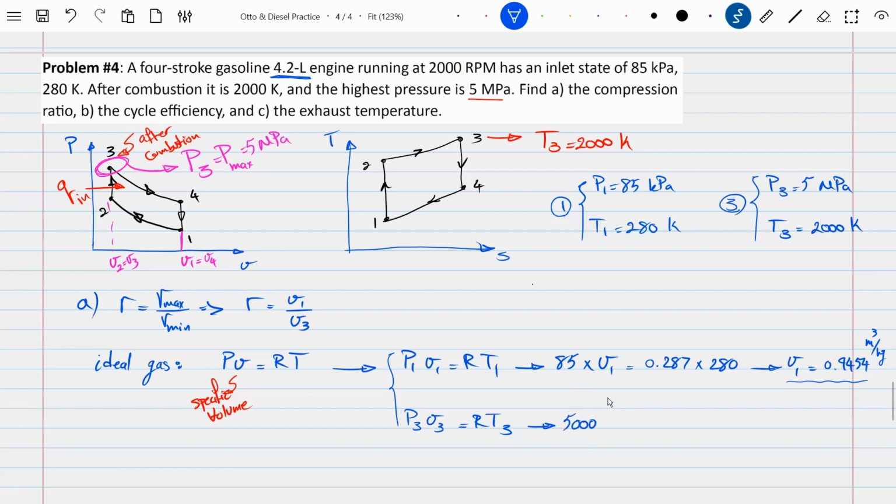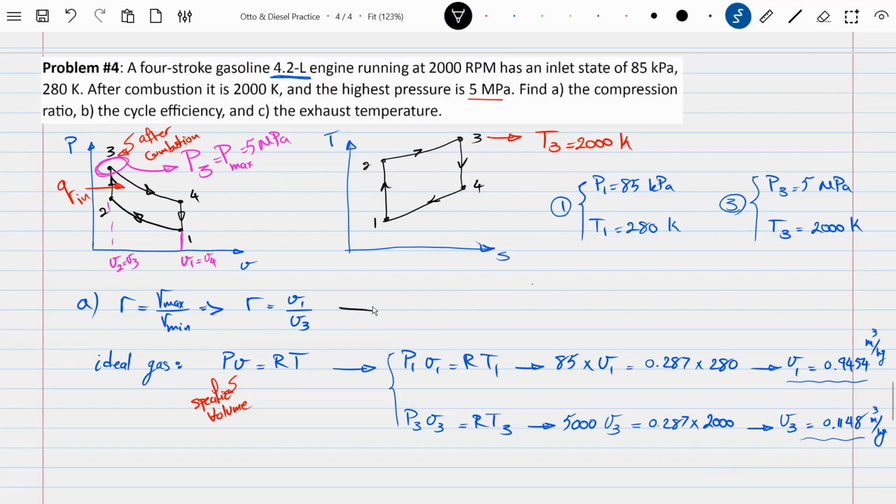So do not forget the units, okay? So 5,000 V3 is 0.287 times the temperature, which is 2,000. Again, use a calculator to get that specific volume 3 is 0.1148, same unit, meters cubed per kilogram.